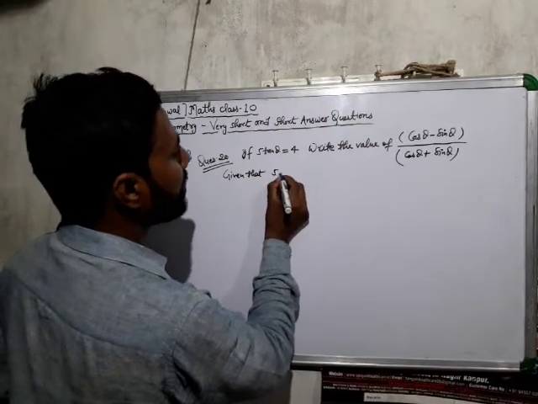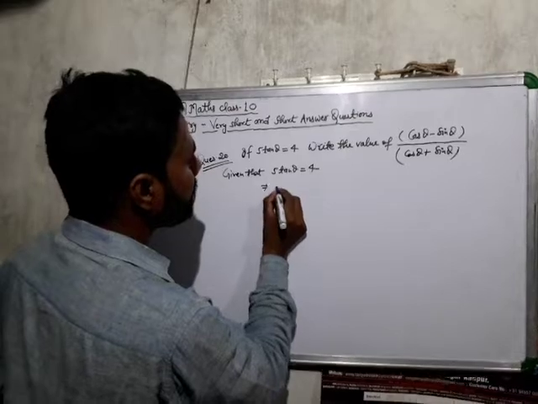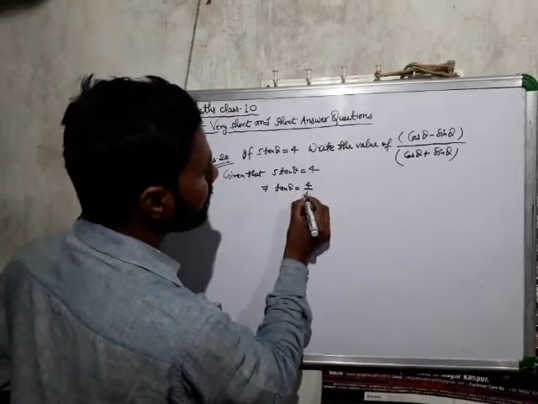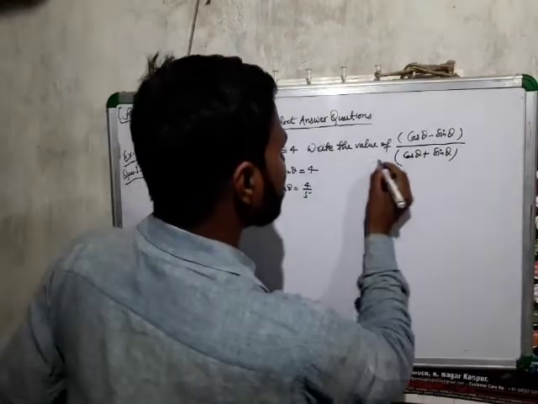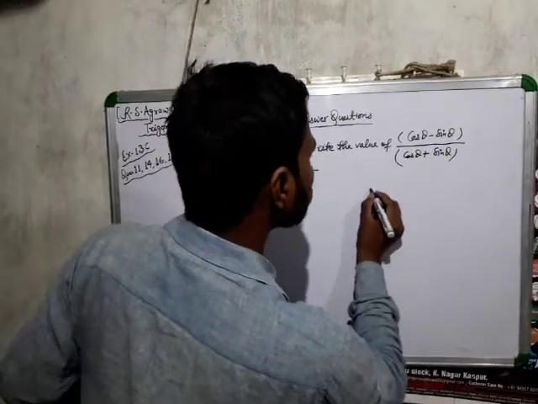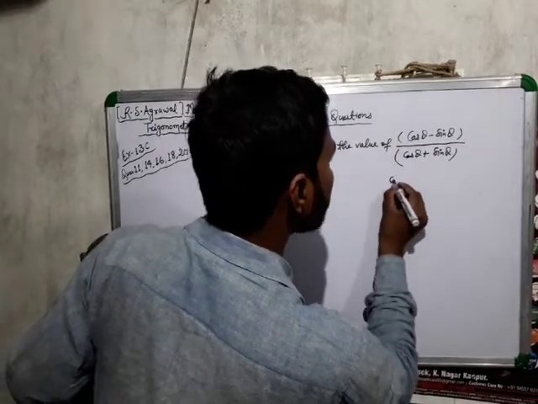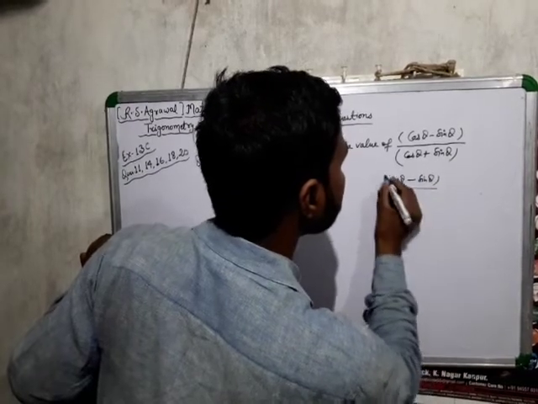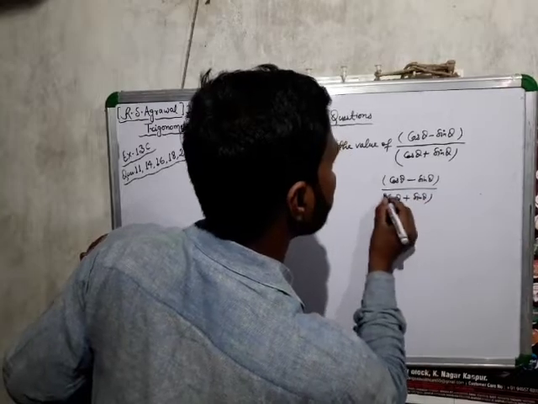Given that 5 tan theta is equal to 4, this implies that tan theta is equal to 4 by 5. Clear? Now we find the value of (cos theta minus sin theta) divided by (cos theta plus sin theta).